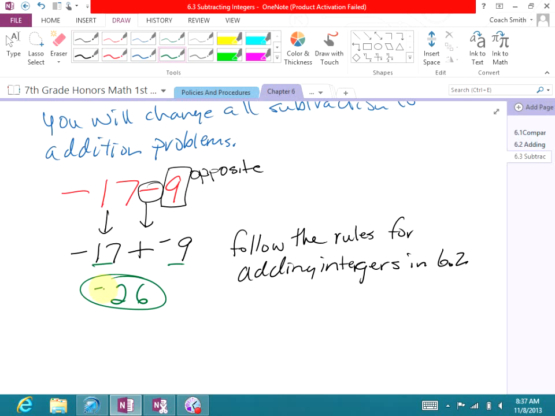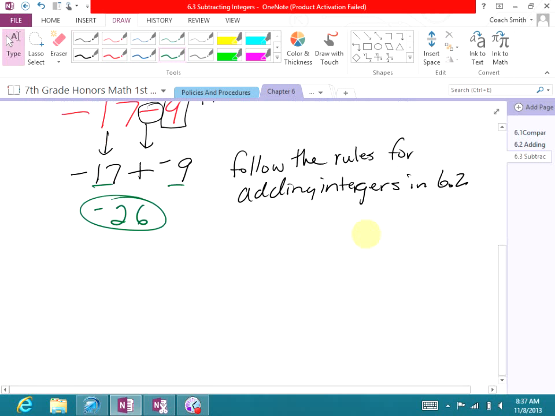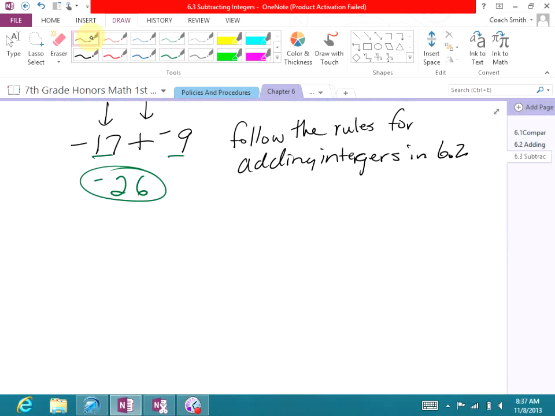Let's look at another one. So if I have 15 minus negative 18, the first step is to change it to addition. So 15, the first number always stays whatever it is. If it's positive, it stays positive.